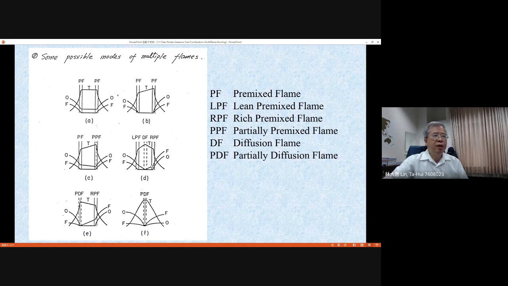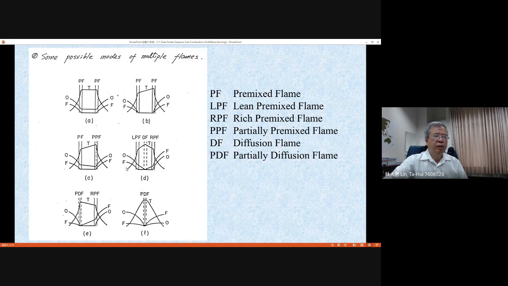Then you will have some excess fuel left in the downstream side for the rich premix frame. And for the lean premix frame on the left-hand side, originally the oxygen concentration is higher than the fuel concentration, and you will have excess oxygen left in the downstream side of the lean premix frame.